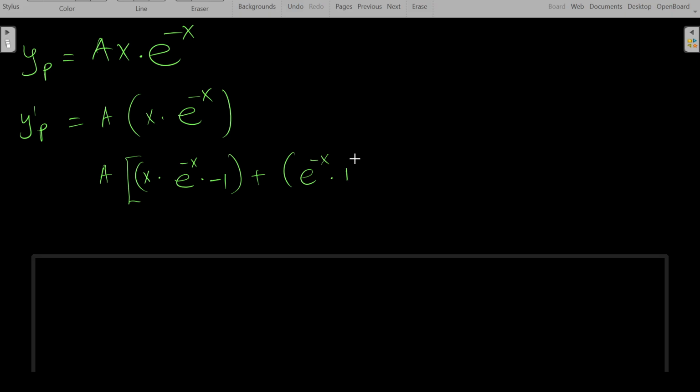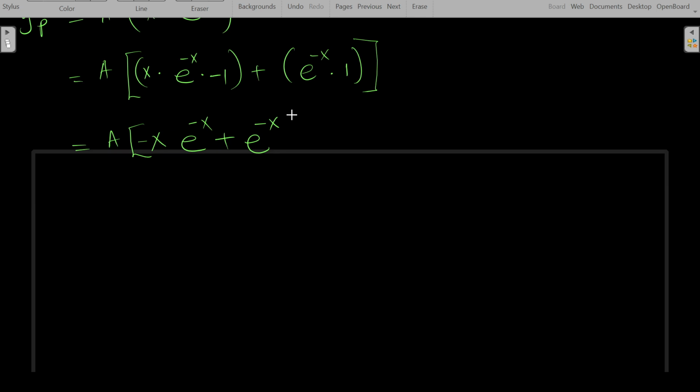So if I simplify, I should get a into negative x e raised to negative x plus e raised to negative x. This is what I have as my y prime of p.